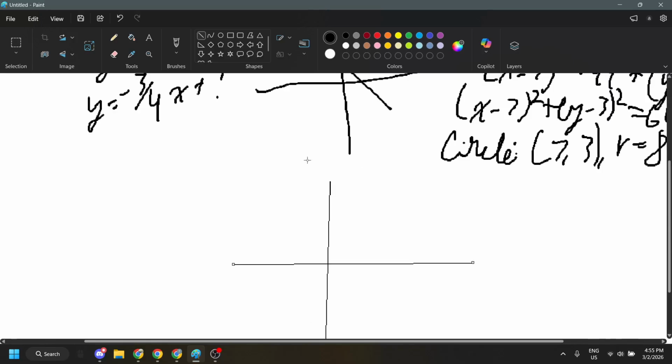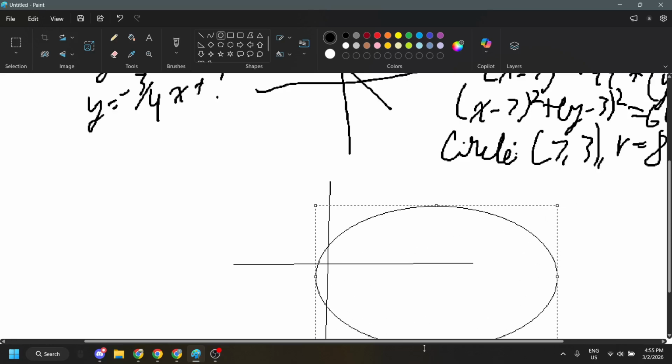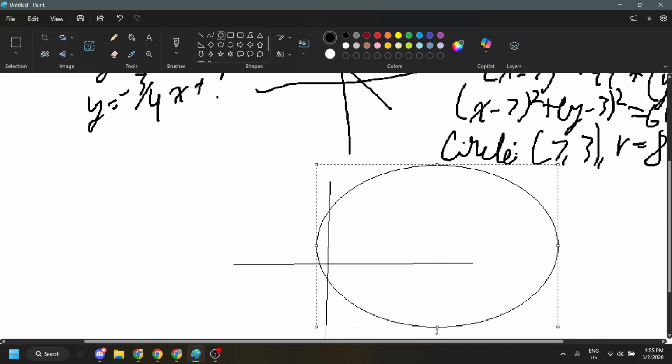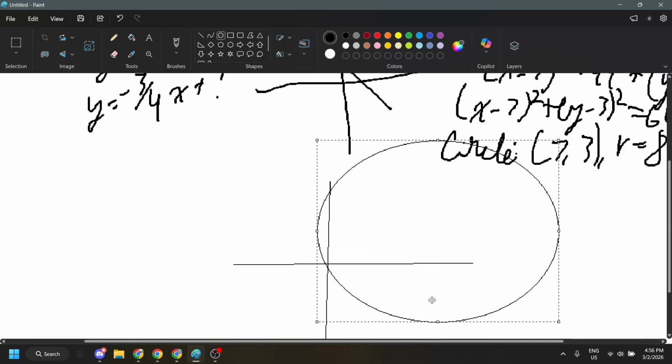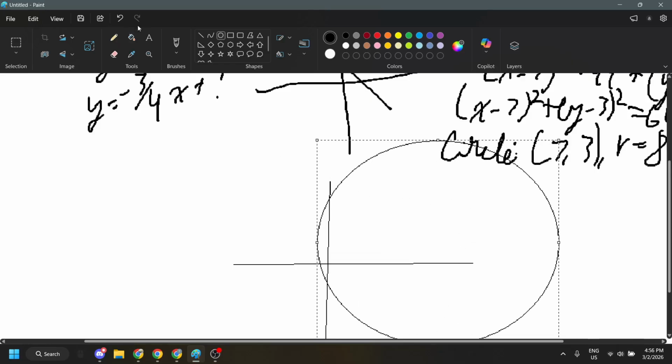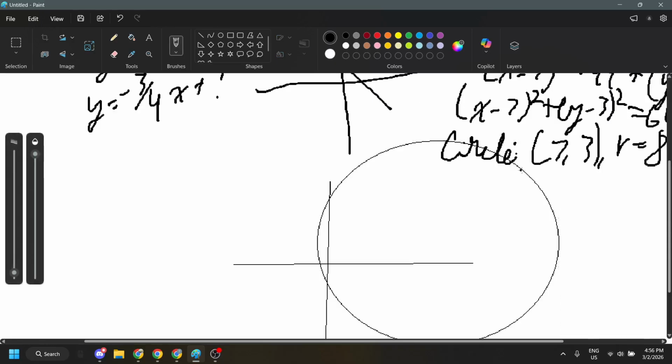The center is (7, 3), it's a circle that's around here-ish. Radius 8, oh okay, so it's going to be a very big circle. Then we're going to need to find the largest value. It's going to intersect around here, I think.